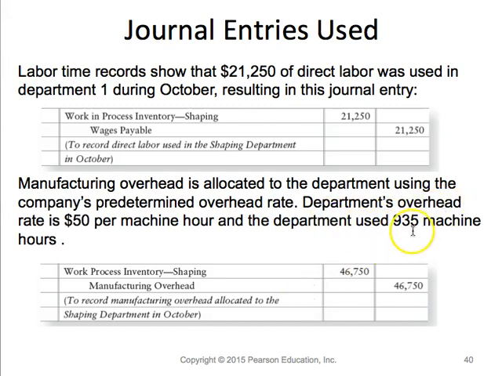So use 50 times 935 equals 46,750, and so it becomes work in process as a cost, and then in manufacturing overhead we credit the same amount. It's also a cost, but they are in different categories. This is inventory, this is cost.